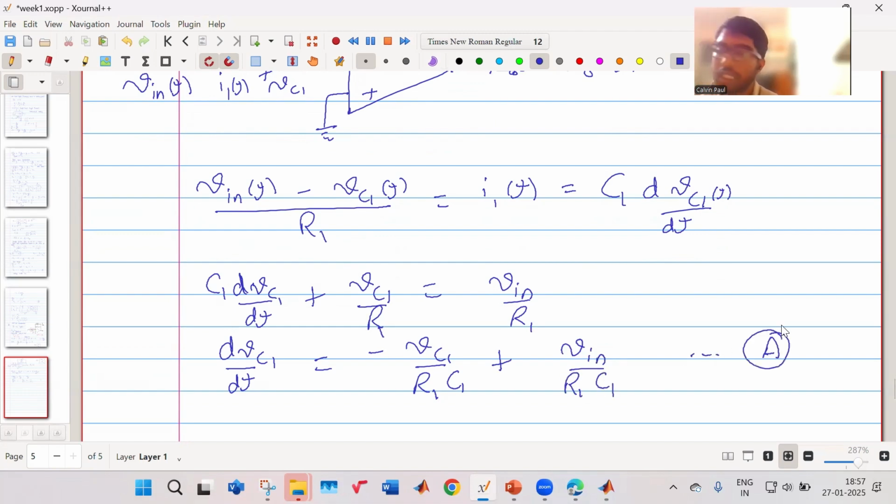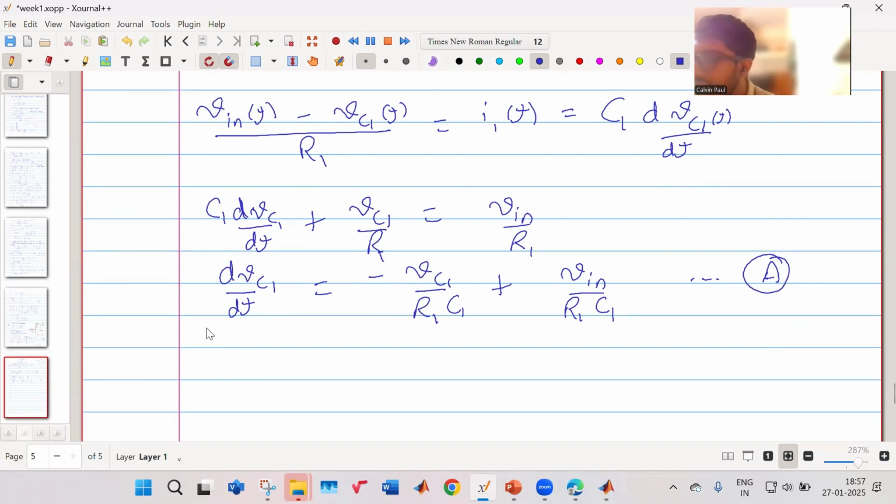So this is my equation A. I can write this in terms of dx1 upon dt is equal to minus x1 upon R1 C1 plus V in upon R1 C1.